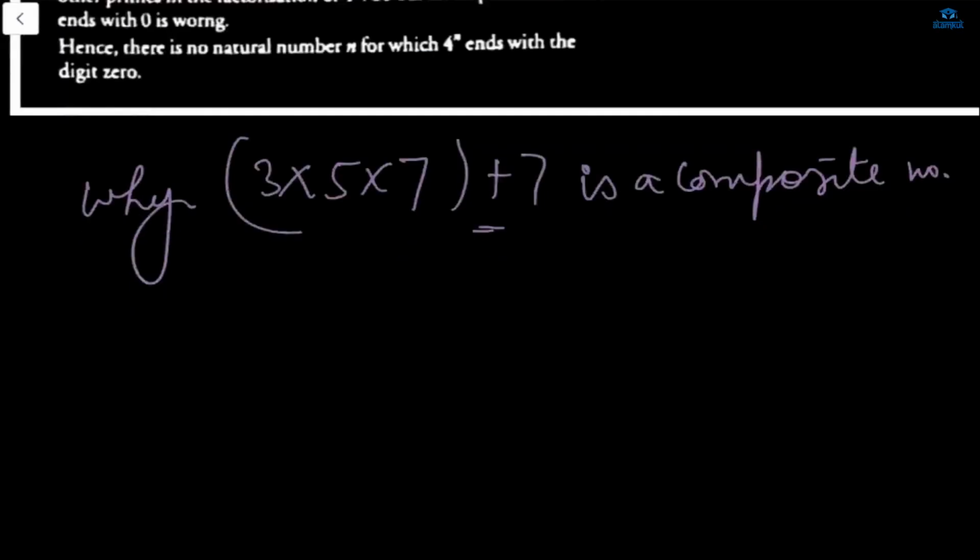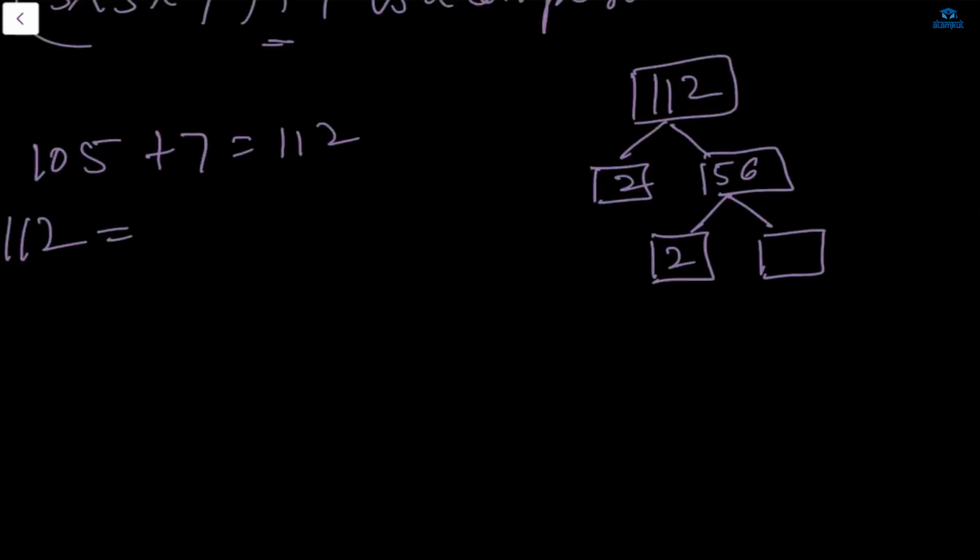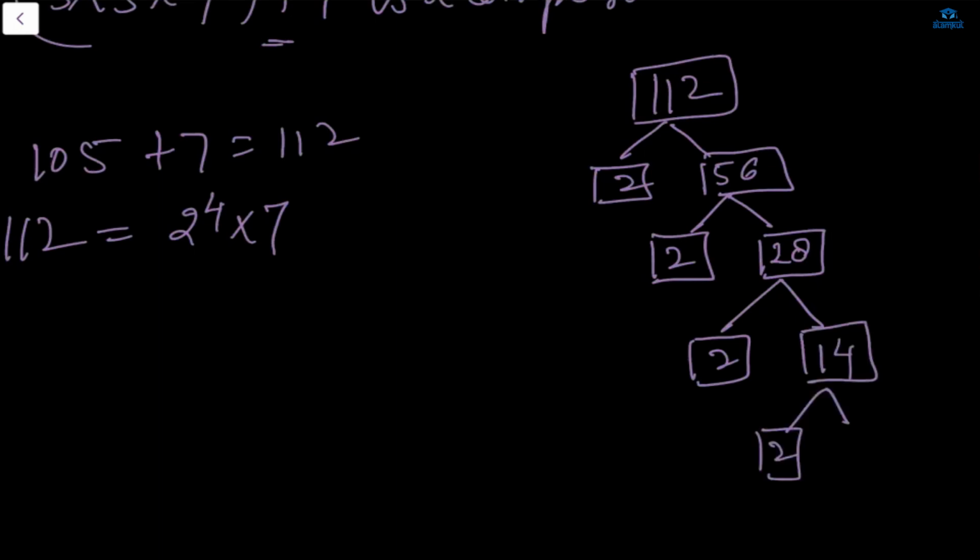15 into 7 is 105, plus 7 is 112. You find the factors of 112. It is 2 raised to the power 4 into 7.